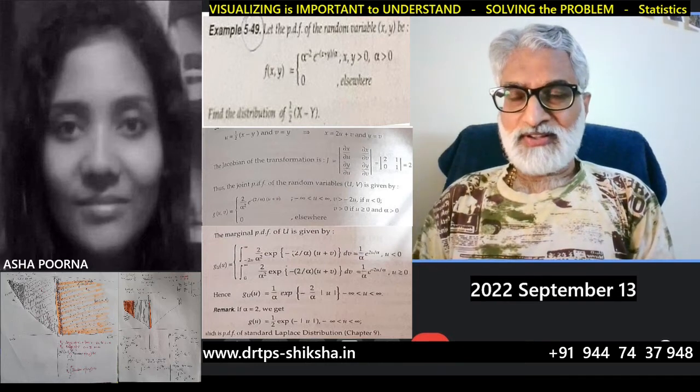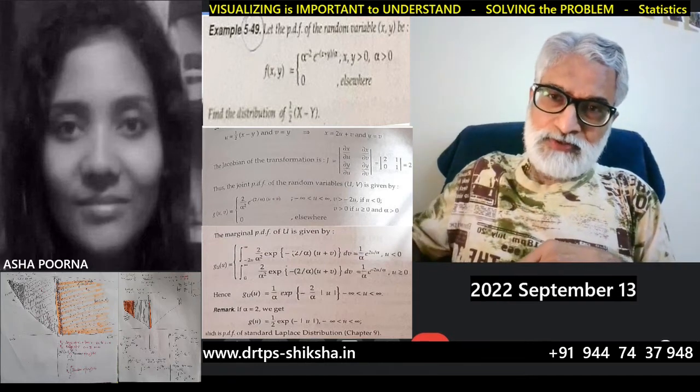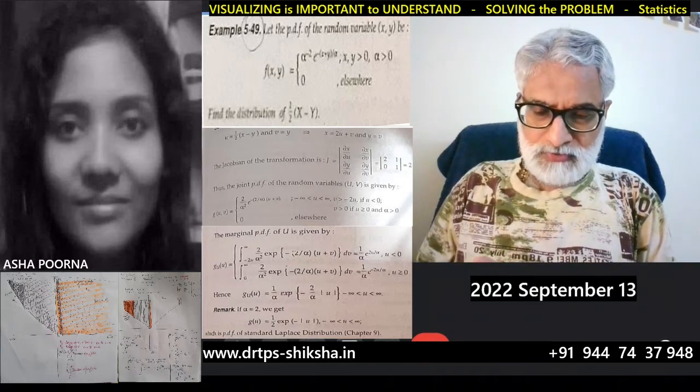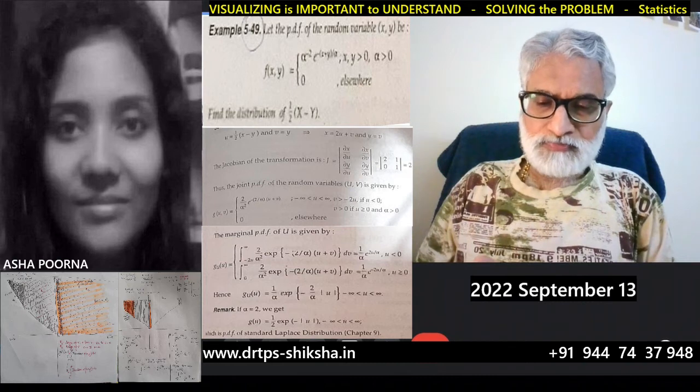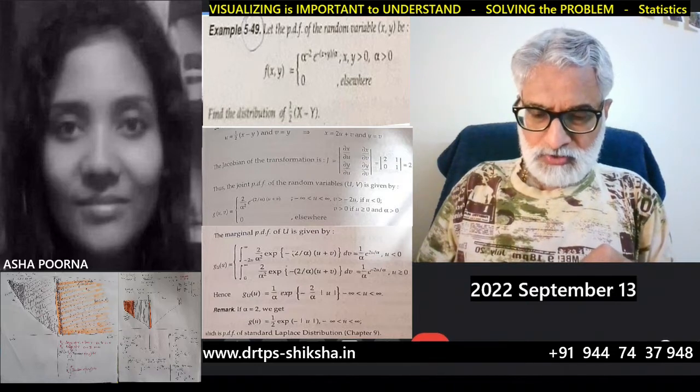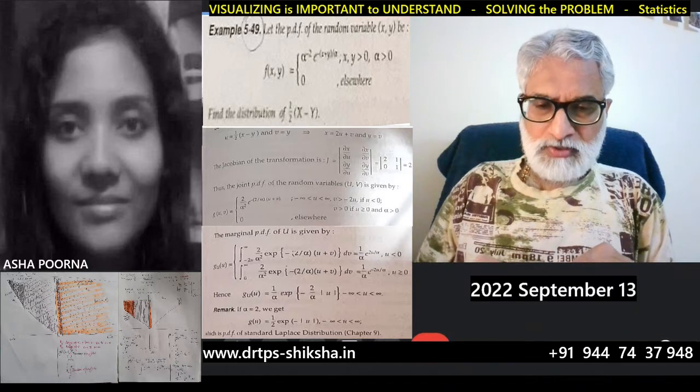No, not that. u is equal to 1 by 2 of x minus y. We have to find out that. Yeah. So in order to solve it, we need one more equation, right? One more equation for transformation, right? So here we took it as v is equal to y.